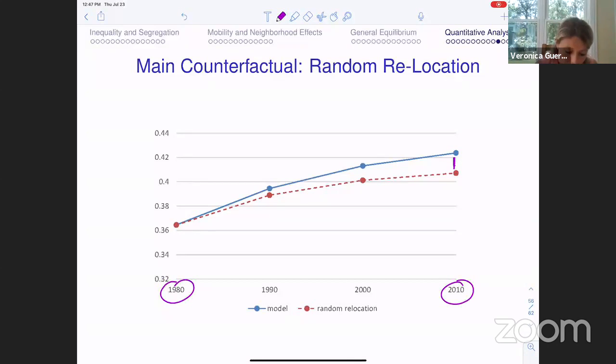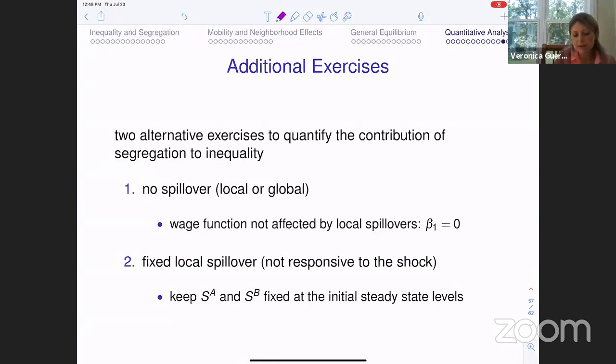It is roughly 12% if you look at that, but it becomes bigger as time goes by, because the feedback effects are going to keep going in time, and are going to amplify the original shock as time goes by.